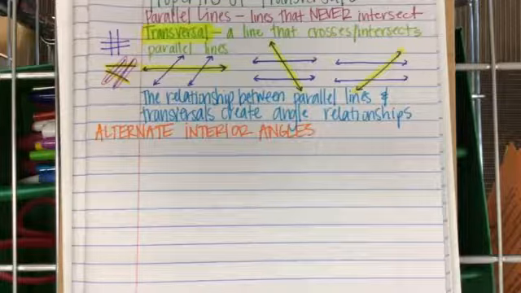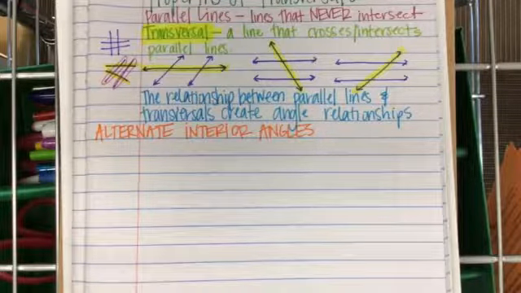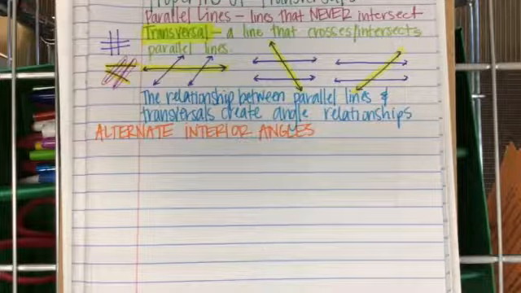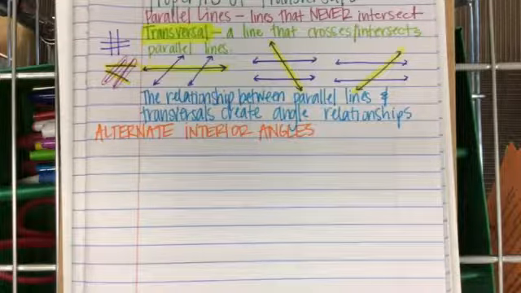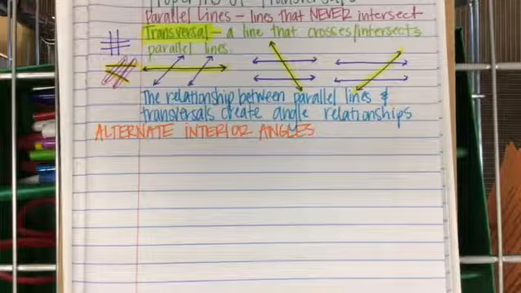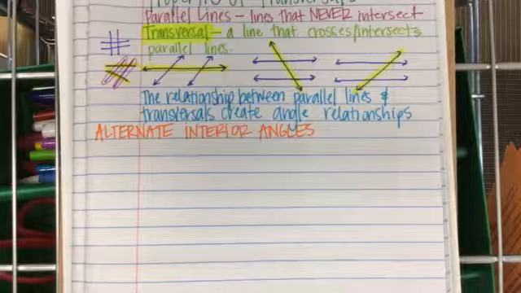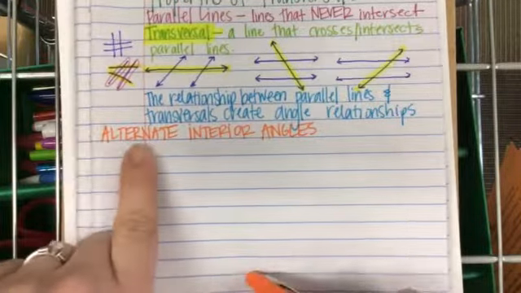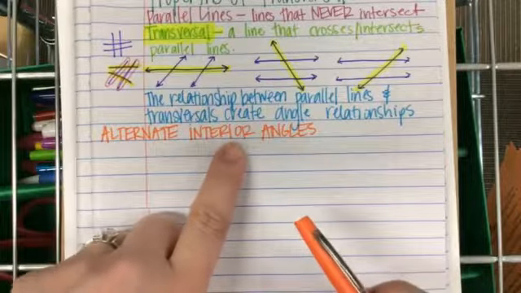What's the alternate of left? Right. What's the alternate of 10 o'clock? Look at the clock. What's the alternate of 10? 4 o'clock, right? They're opposite each other. Alternate interior angles. Alternate means opposite. What does interior mean? Inside.